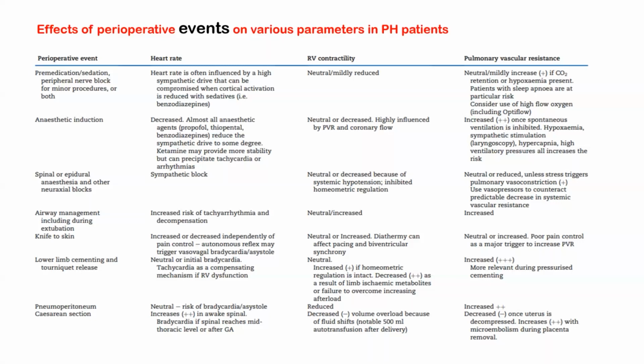So heart rate, RV contractility, and pulmonary vascular resistance will be altered by your pre-medication, anesthetic induction, central neuraxial blockade, airway management, intraoperative pain, or surgical procedures like laparoscopy, hypoperitoneum and cesarean section. These are the things you have to take care of and try to manage.